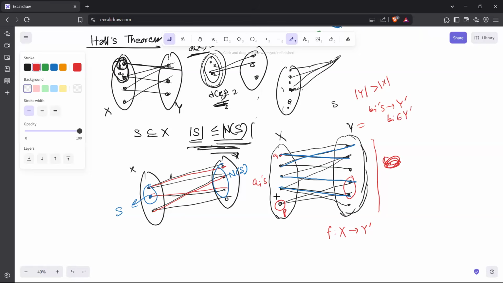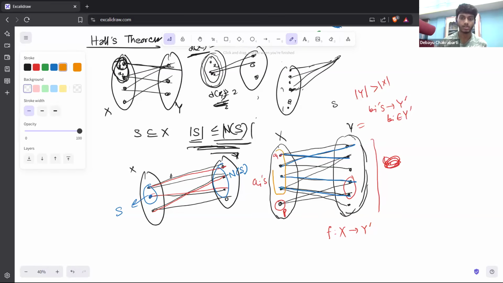P is not in AI, because if P were in AI, then that would be a maximal matching. That's what we want to prove can't happen. So you're assuming that one is not in the maximum matching, and then you're trying to disprove that. Yeah.